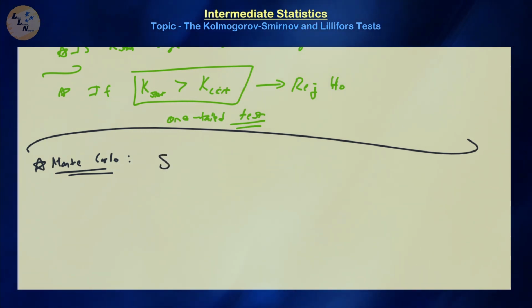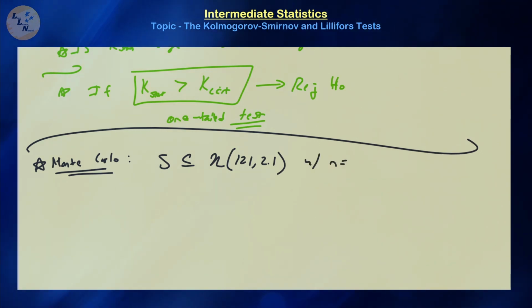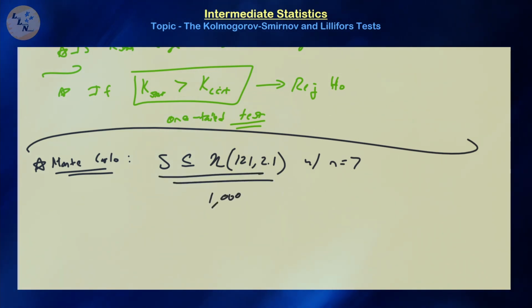We're going to generate a series of samples from a normally distributed population whose mean is 121 and variance is 2.1, with a sample size of 7. And how many samples do we want to iterate? A good iteration is probably 1,000,000 different samples from that population with sample size 7.